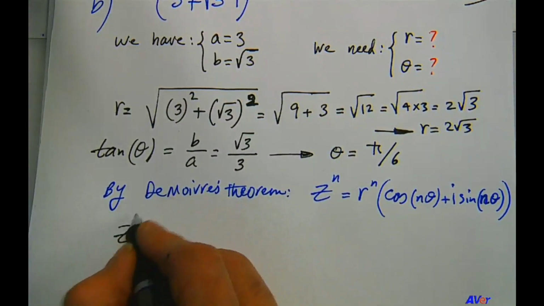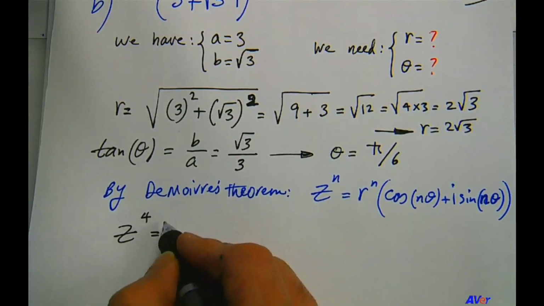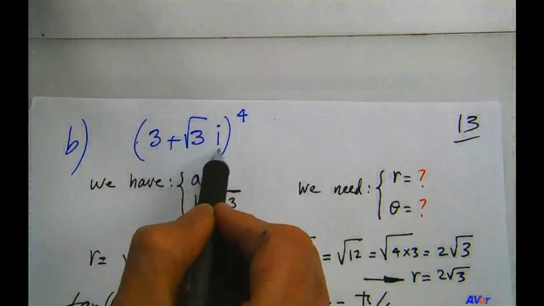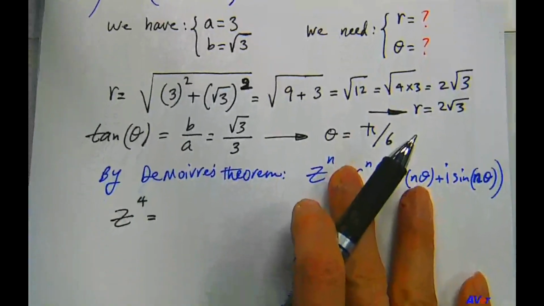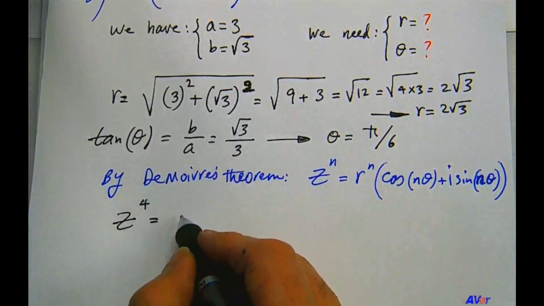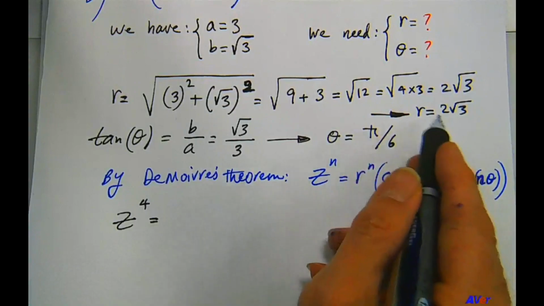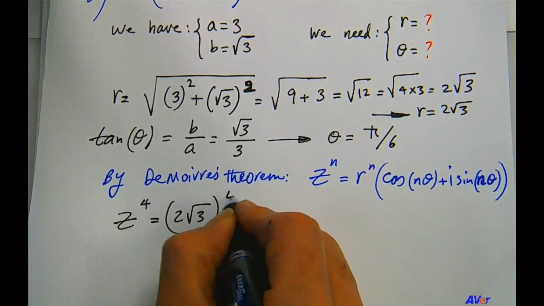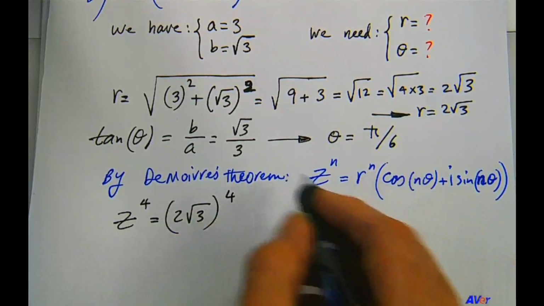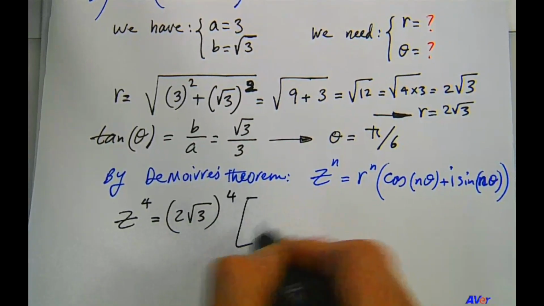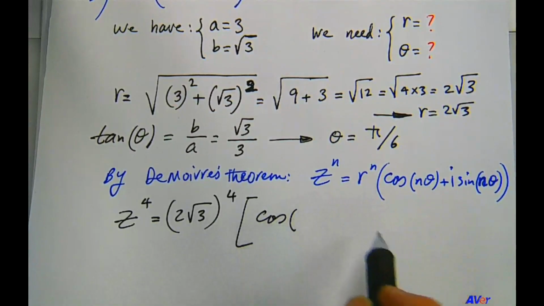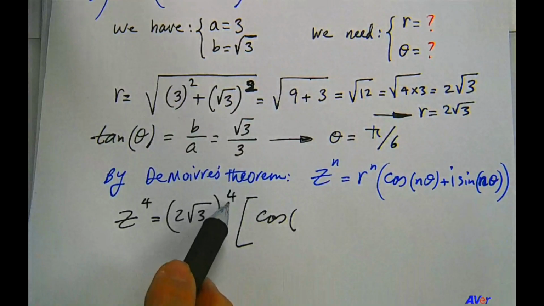z to the 4th power is equal to, because this whole thing is z, right? 3 plus square root of 3i is z. So z to the 4th is r, which is 2 square root of 3, to the 4th power, times cosine of n, which is 4.